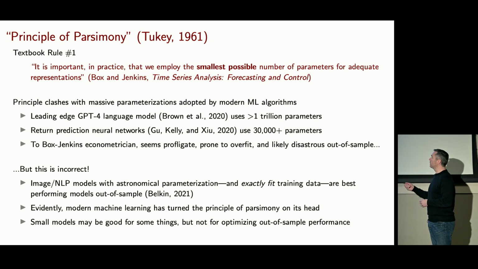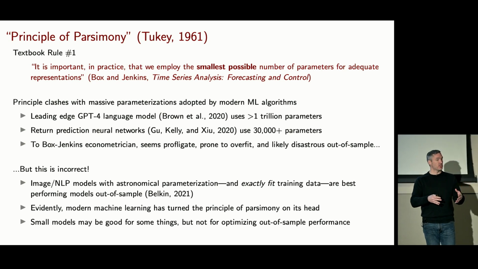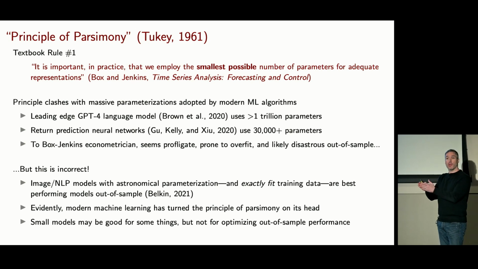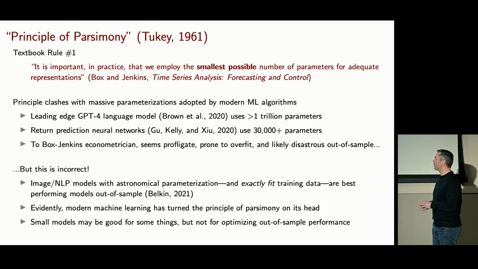There's a great paper that does a comparison in machine learning problems like image recognition and text forecasting that shows that bigger models unambiguously do better out of sample. In fact, these models are so big now that they have so many parameters, they can always exactly fit the training data. You can have 2 models that exactly fit the training data, and the larger model does better out of sample. Right? So we're going to talk more about that as we go.